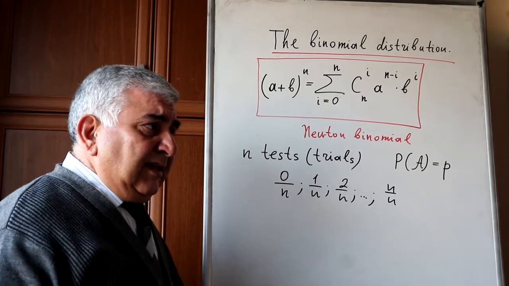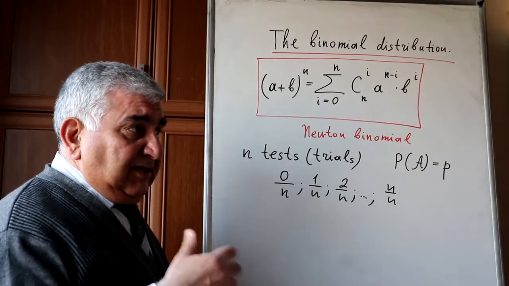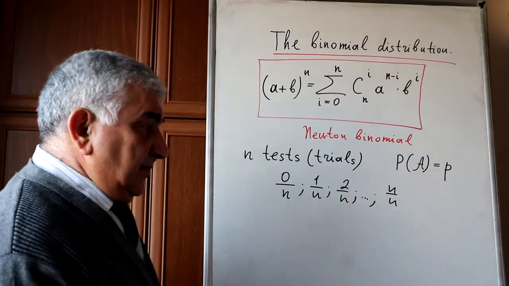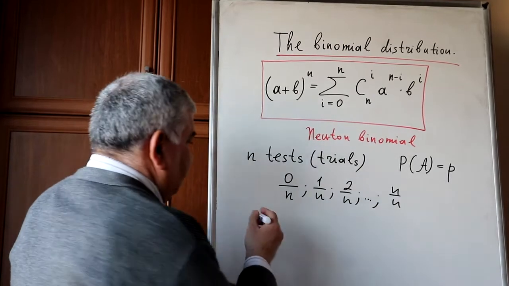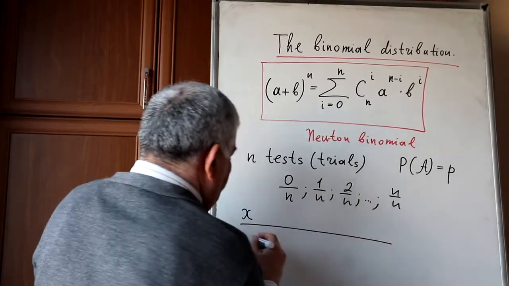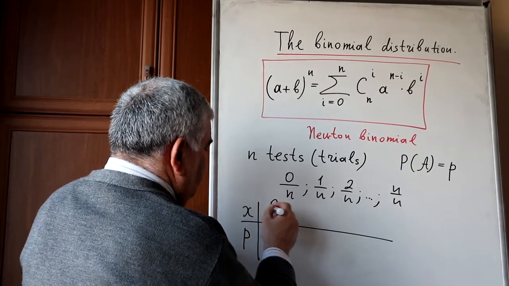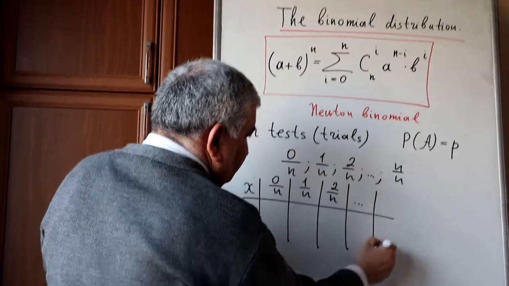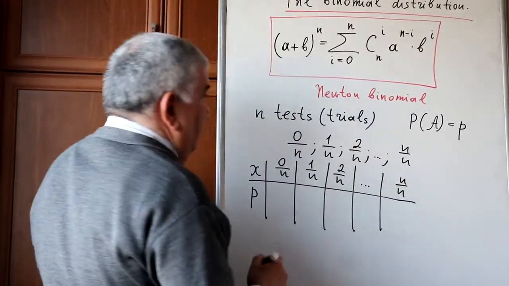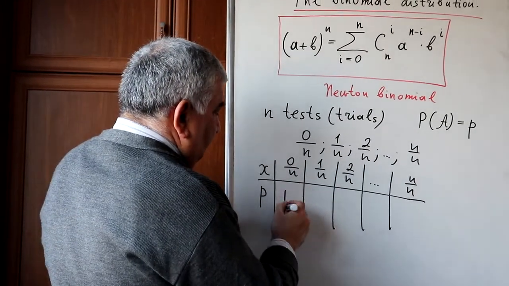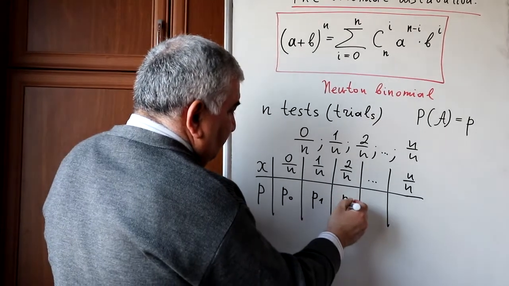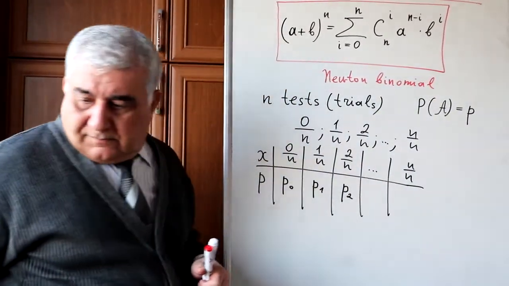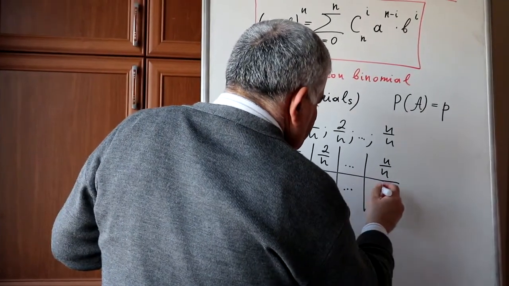And if the event A is realized in all tests, in each test, then the discrete random variable takes the value n over n. Then form the distributive table: 0 over n, 1 over n, 2 over n, etc., n over n; p sub 0, p sub 1, p sub 2, etc., p sub n.